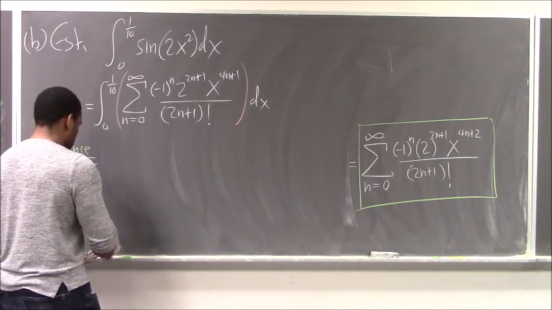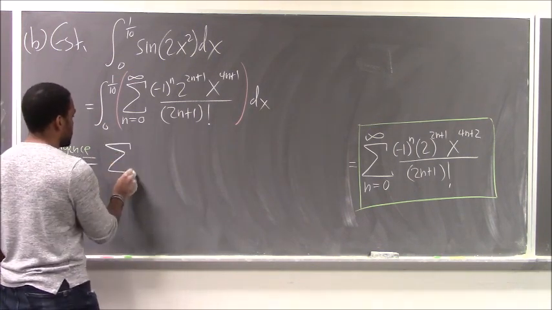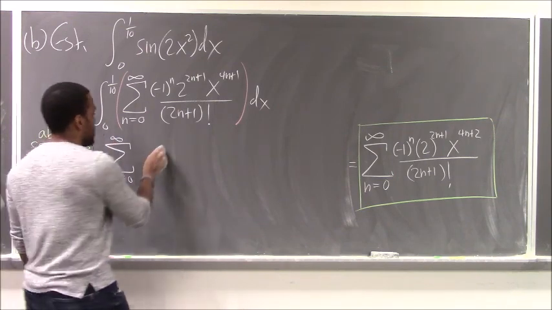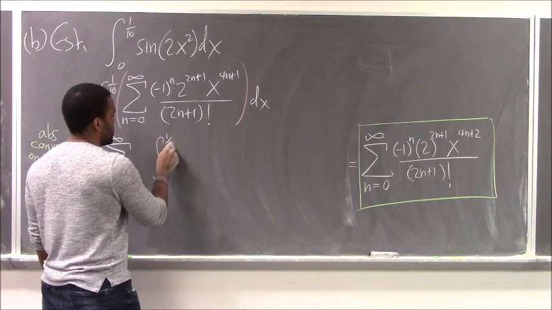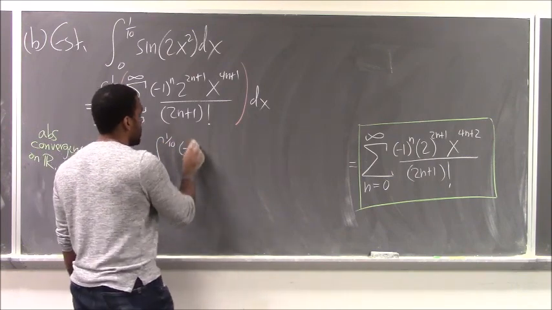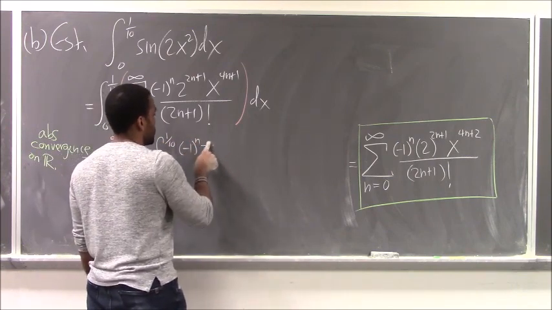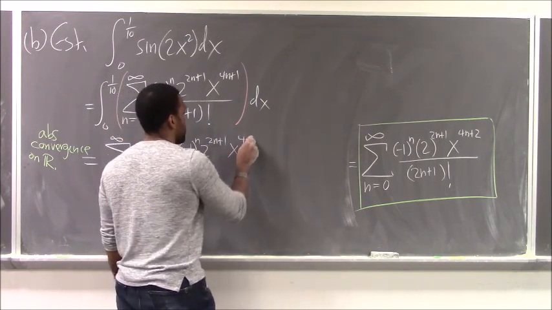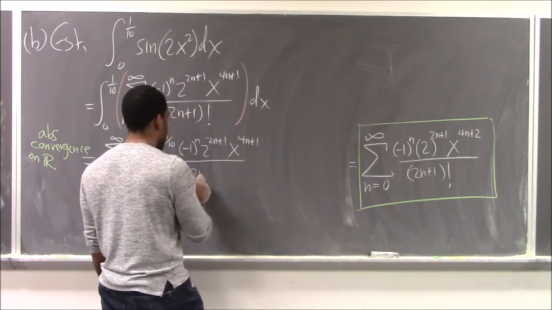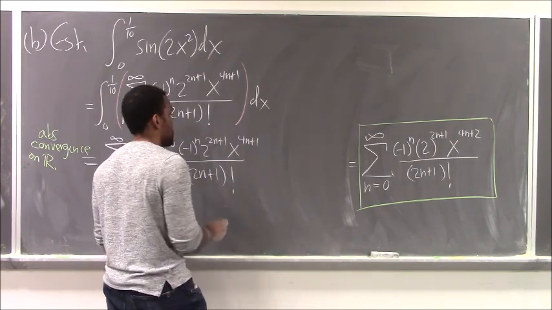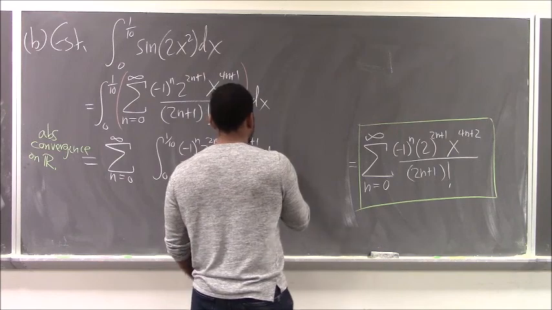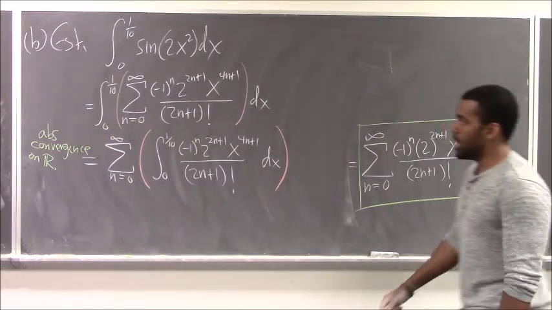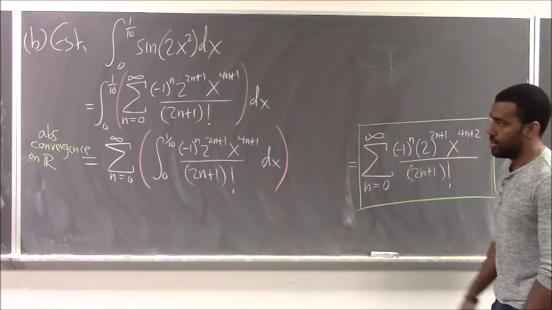I can think of this as the series of the integral of the first two terms specifically, but of the integral of this more generally. So because of absolute convergence, I'm allowed to think of this as that.